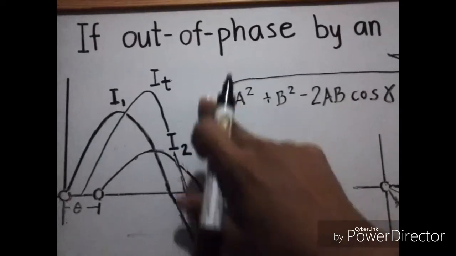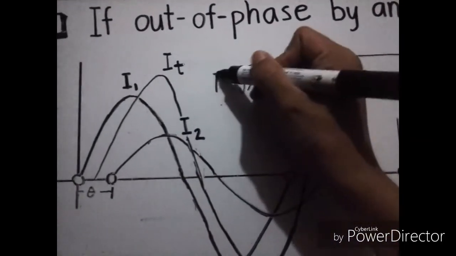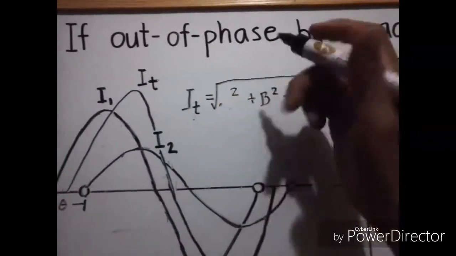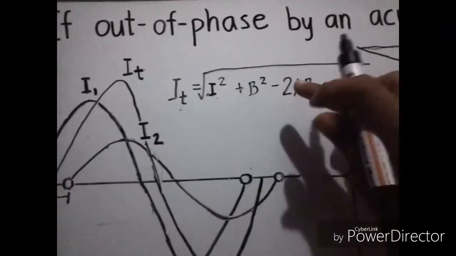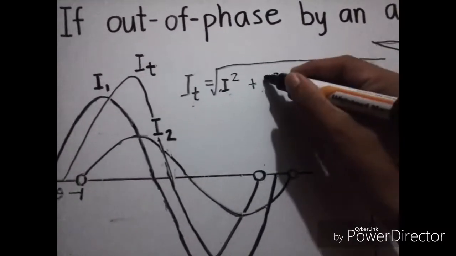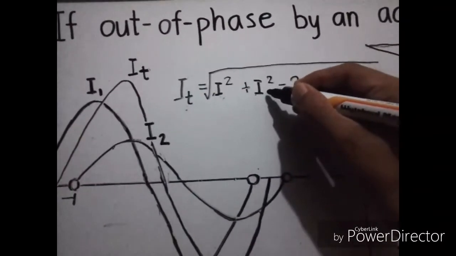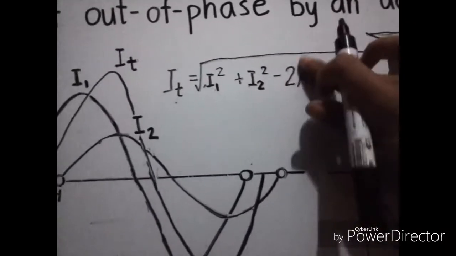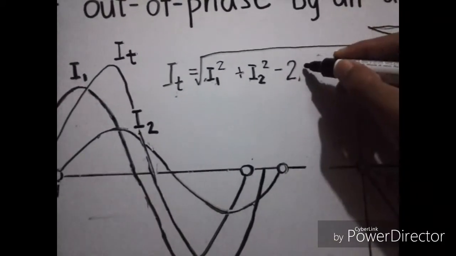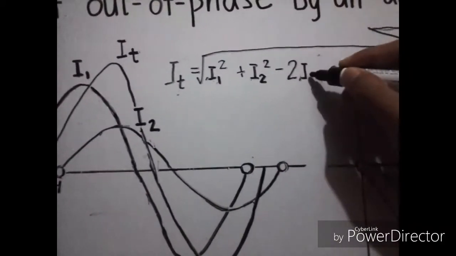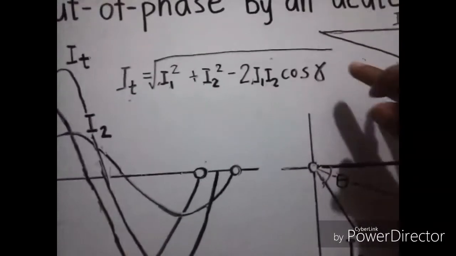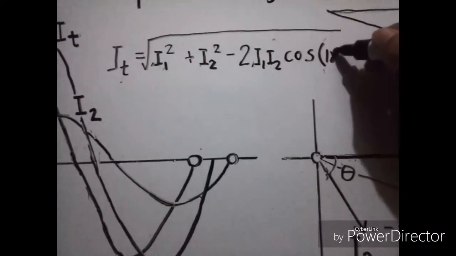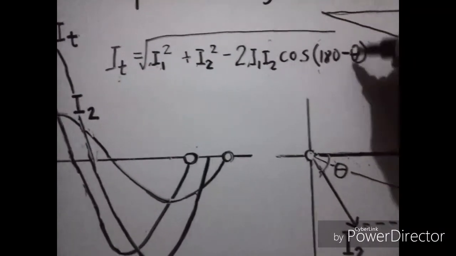The formula will now become IT is equal to the square root of I1 squared plus I2 squared minus 2 I1 I2 cosine of 180 minus theta.